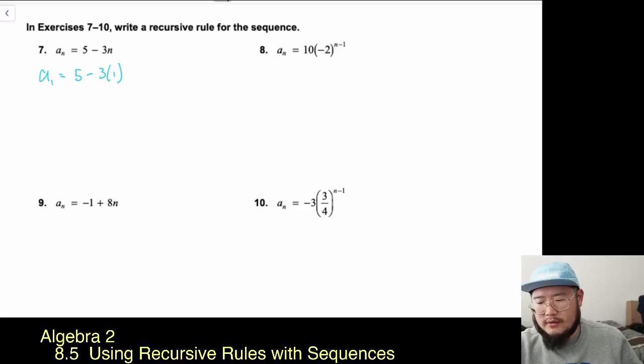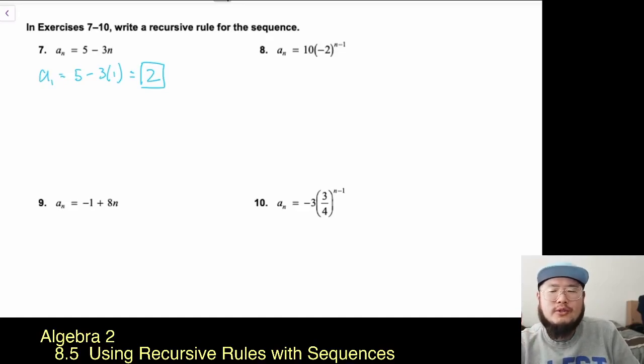And so a1 right here ends up being 5 minus 3, which is 2. Next up after that, what is happening to the problem each and every time? If this happens to be arithmetic, are we subtracting 5 or adding 5 each time?